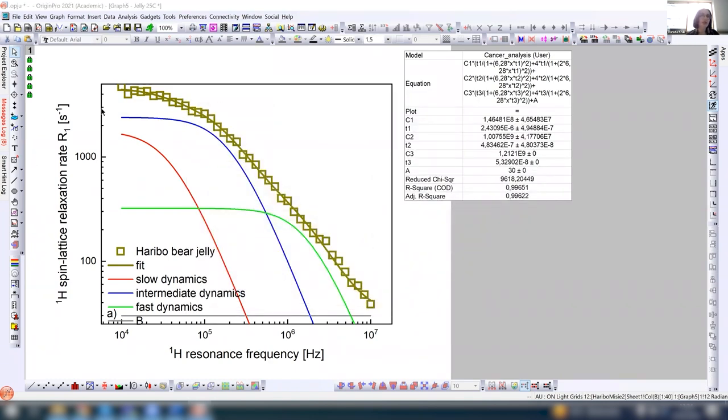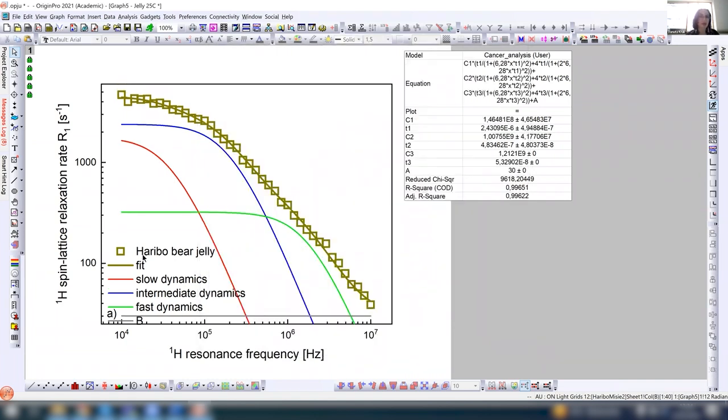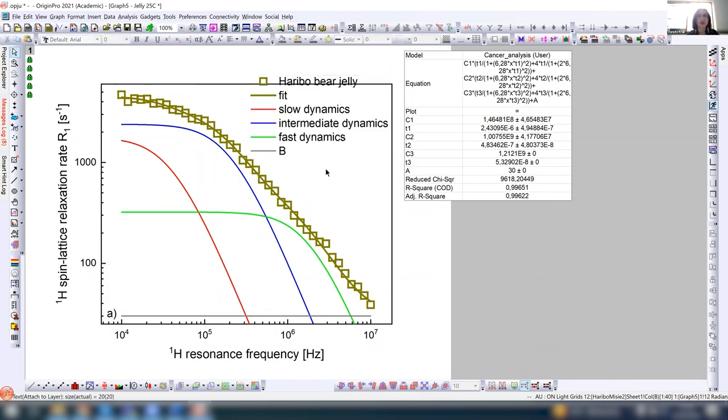Let me make it here, and enlarge it. Okay. And here I have a frequency independent factor, which might reproduce a very fast dynamics.